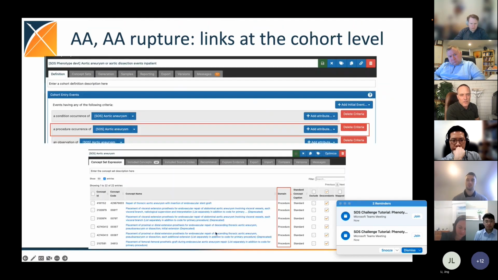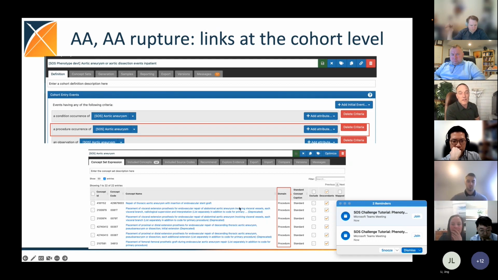The other thing that was going to make it challenging, and I think it provides a parsimonious definition, is the fact that we have a combined concept set that includes procedure occurrence. And this is probably quite hard to read, but one of them there is repair of, in this case, thoracic aortic aneurysm with insertion of an endovascular stent graft.